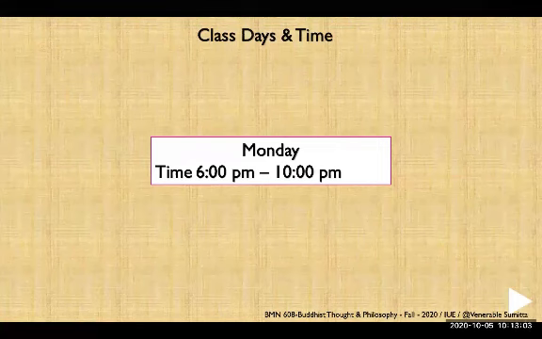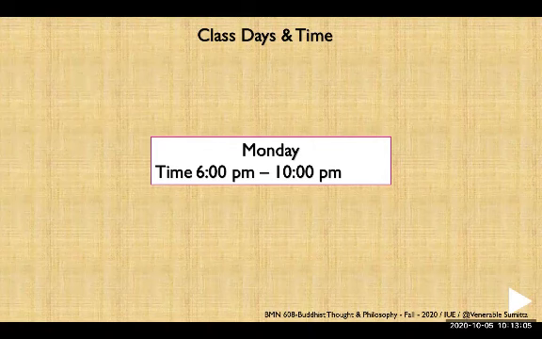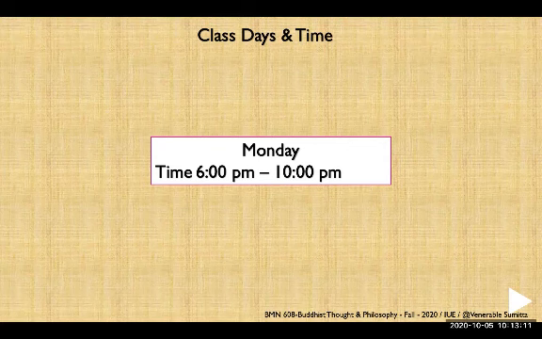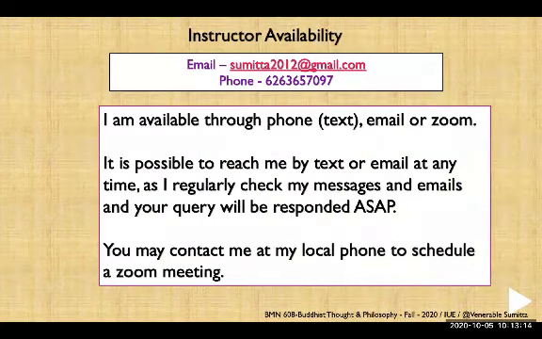So the class days and time: Monday 6 p.m. to 10 p.m. Pacific time, and this is the instructor availability. My email address and the phone number is there, and I'm available through phone. You may text me with your name and the course so that I can recognize you, and you may also email me for a Zoom appointment.